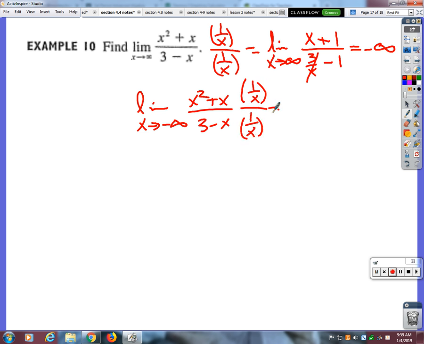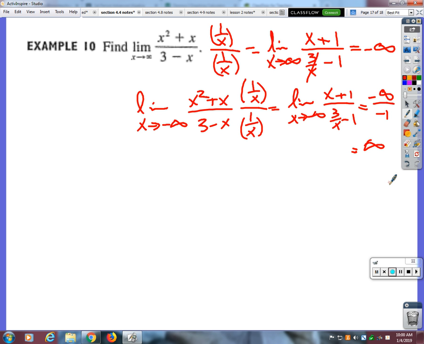This would be the limit as x approaches negative infinity, still x plus 1 over 3 over x minus 1. But yeah, you're right. Now since I'm approaching negative infinity, the top numbers would be getting smaller and smaller. So this would be negative infinity over -1, and that would flip it around and make it infinity.